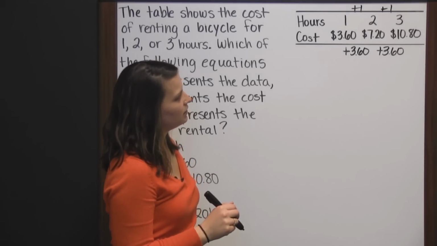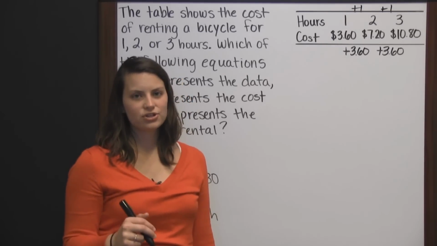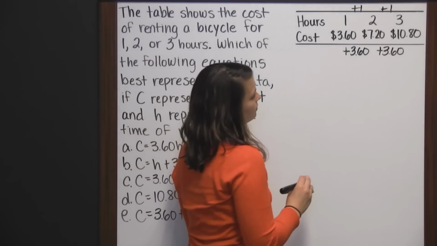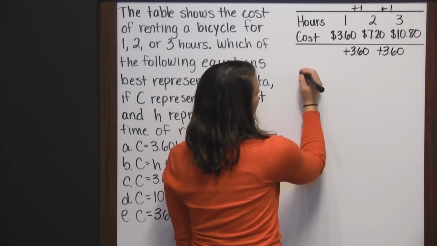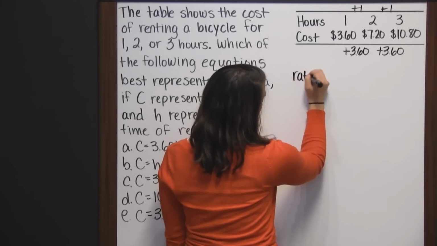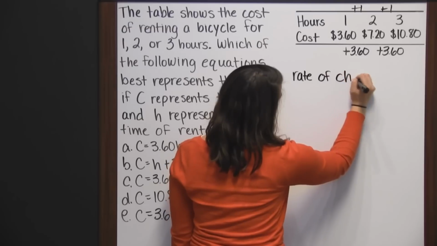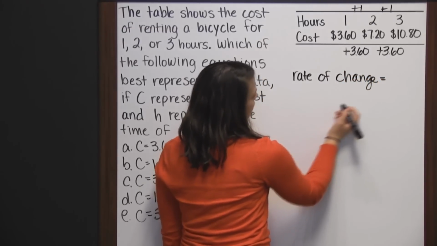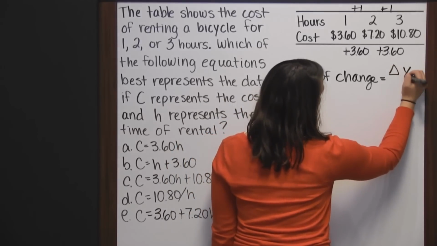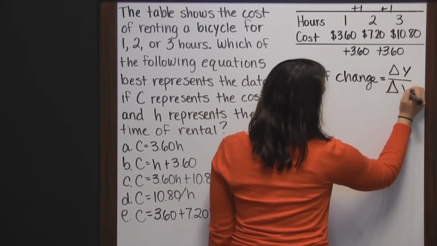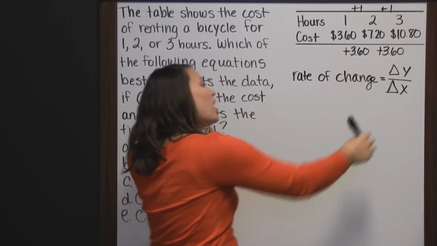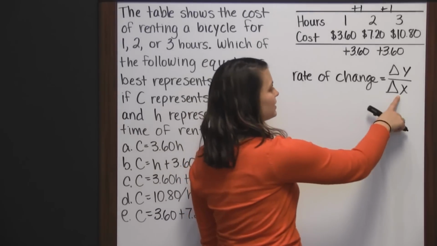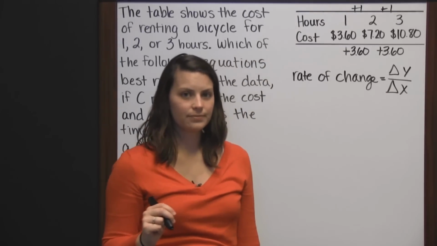This tells me that there's a linear relationship here. So to write my function rule, I simply need to find my rate of change, which is the change in Y divided by the change in X. Y is the dependent variable, whereas X is the independent variable.